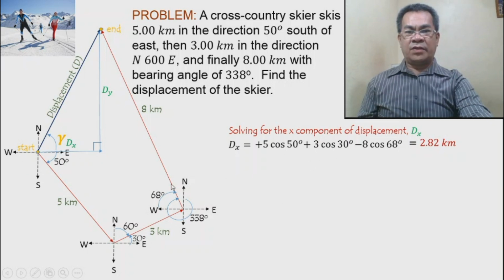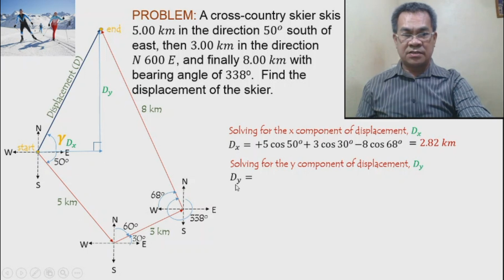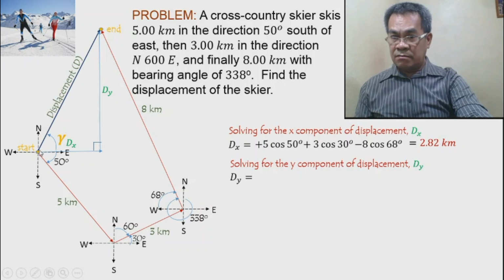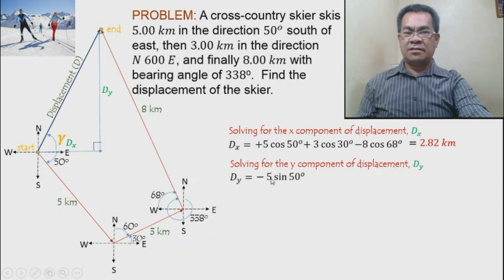Then y, what is y? Start with dy, so the y component of the 5 kilometers is sine. By the way, this is below this point. So therefore, the y component should be negative. Then, proceed to the second component.